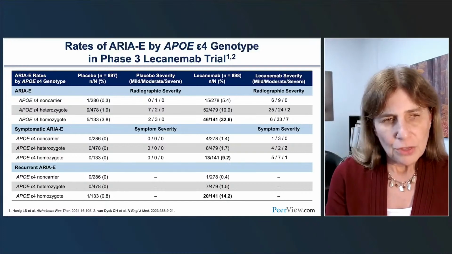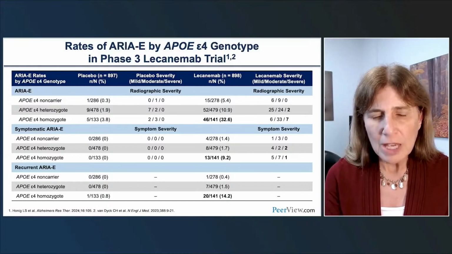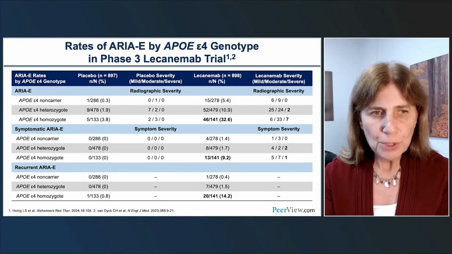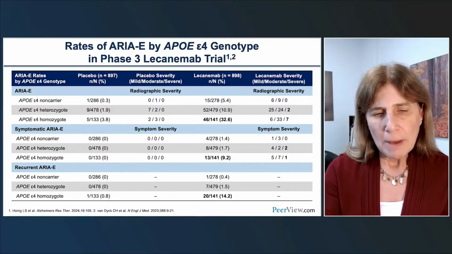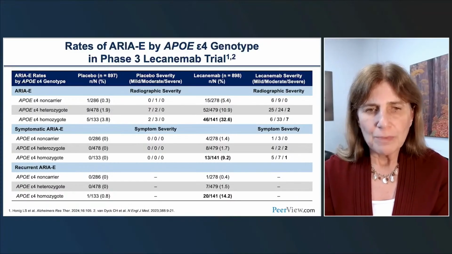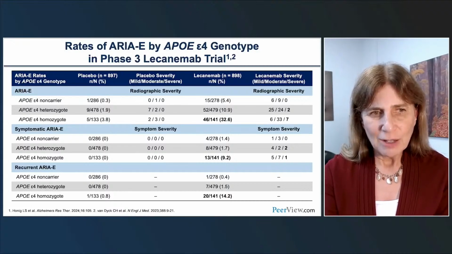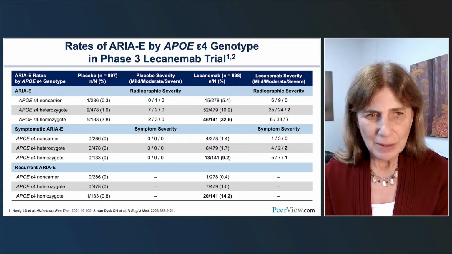If you look in the third numeric column, the lecanemab column, you see that you're going from 5.5% ARIA-E in the non-carriers to about 11% with one copy of ApoE4, up to 32.6% ARIA-E in the ApoE4 homozygote state.